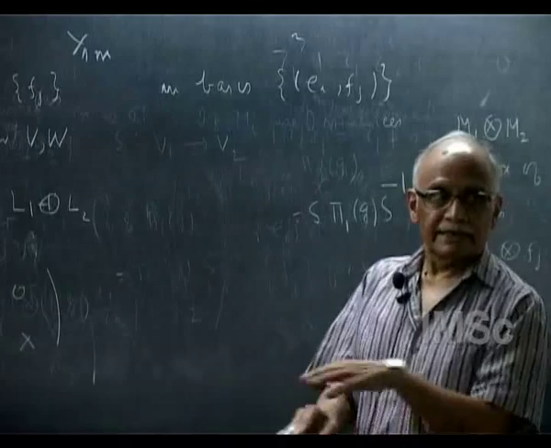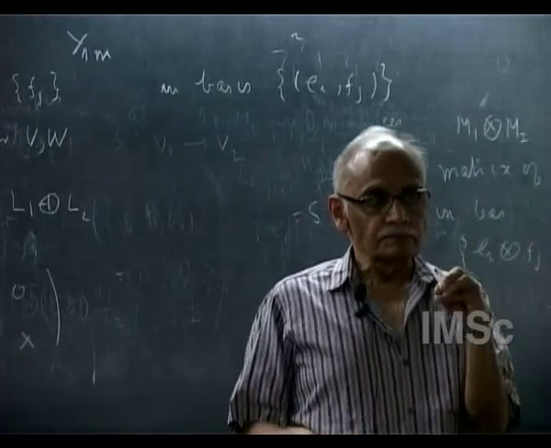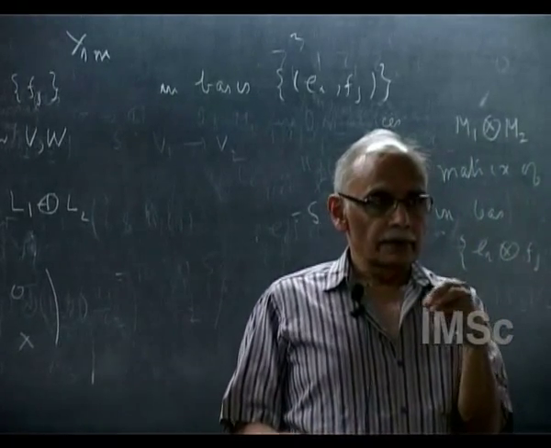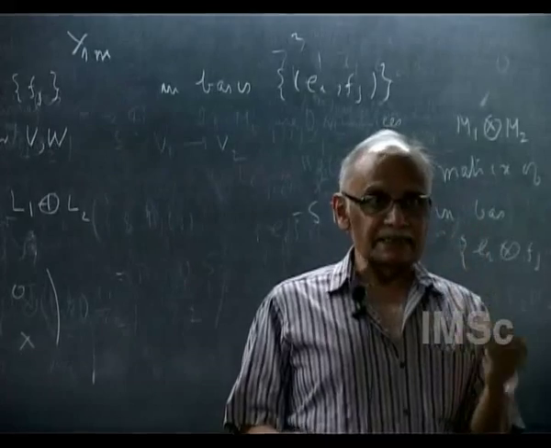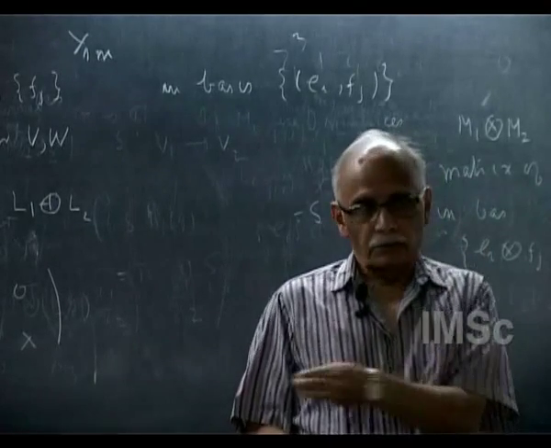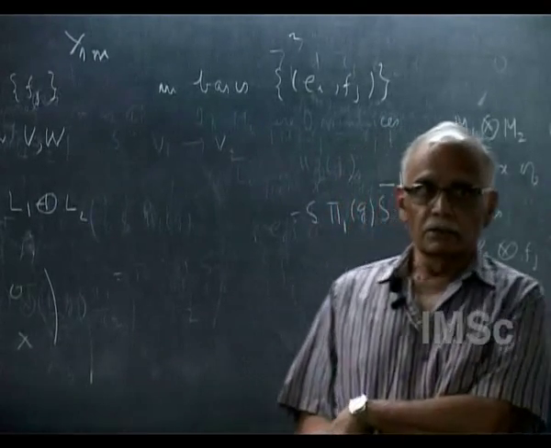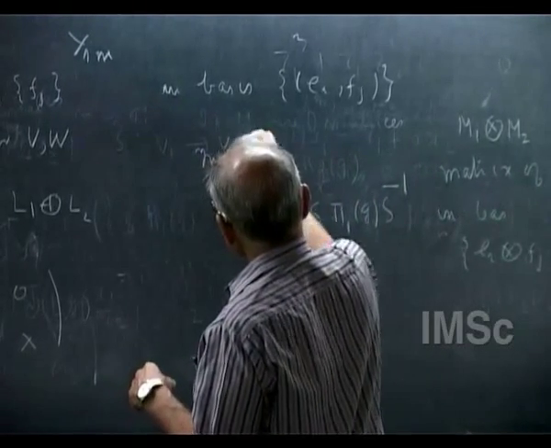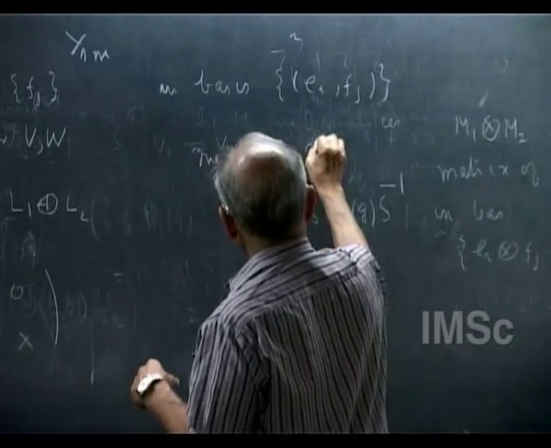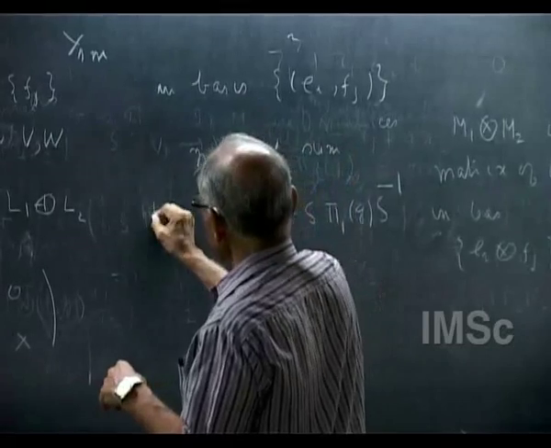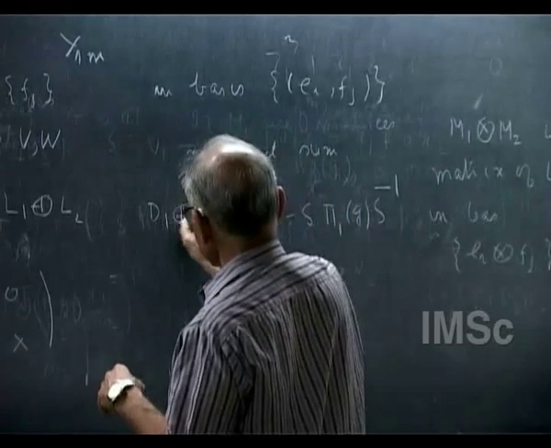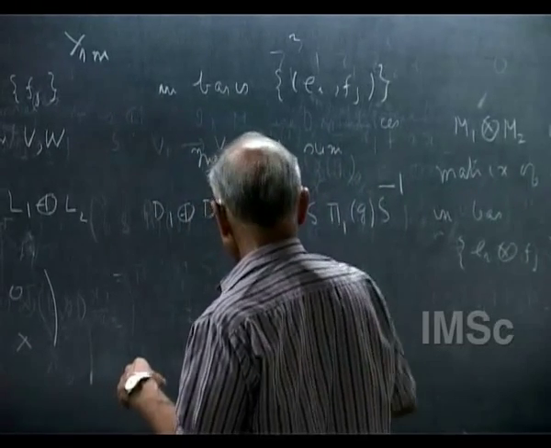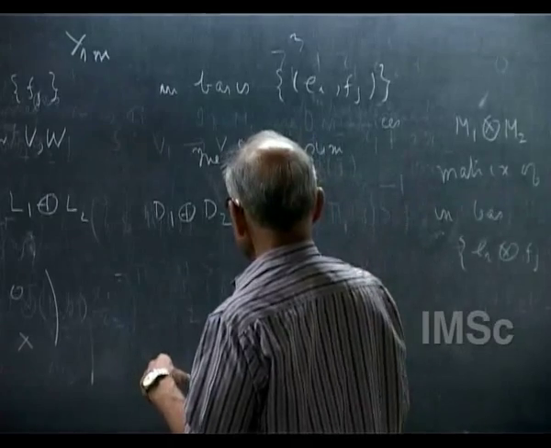So, the direct sum of two representations, d1 plus d2, that I constructed, was constructed this way.